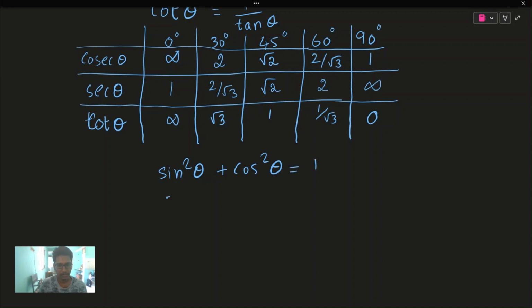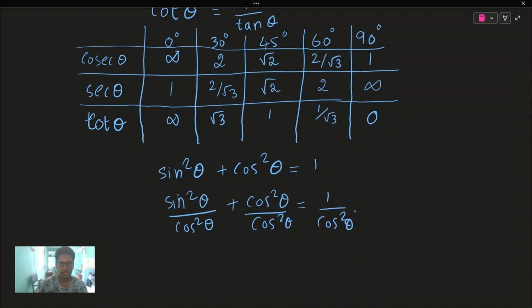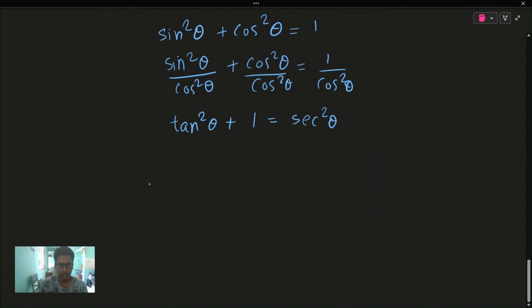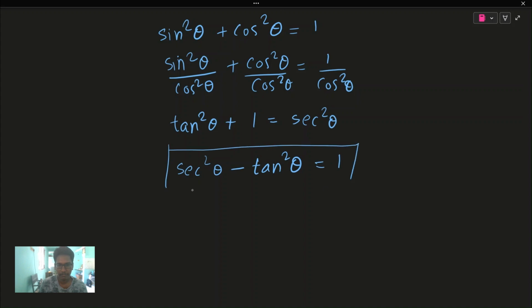Dividing both sides by cos square theta, we get sine square theta by cos square theta plus cos square theta divided by cos square theta equal to 1 by cos square theta, which means sine by cos, you know, tan. So tan square theta plus 1 is equal to secant square theta. Secant square theta minus tan square theta is equal to 1. This is another relationship.